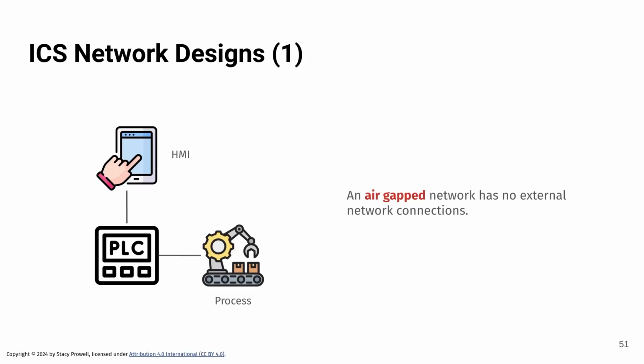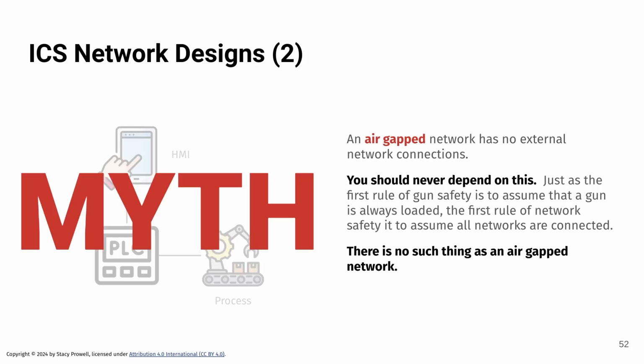The important thing to know about an air-gapped network, the thing you should keep in mind when you're thinking about air-gapped networks, is that it's a myth. You should presume that every network is connected to something else, either directly or logically, because people will come along and plug in their laptops to do work, or they'll plug in data thumbs to transfer data.